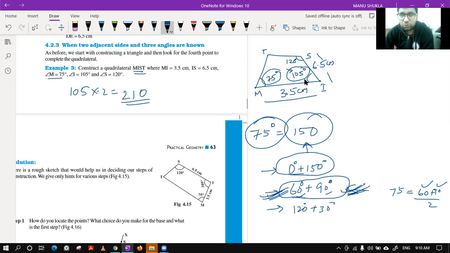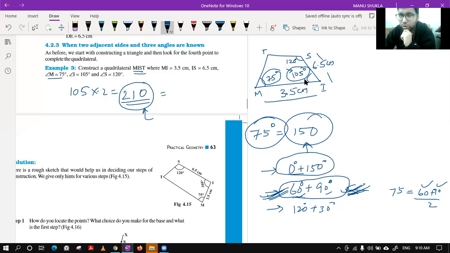To make an angle of 105 degree, which two angles should we take? Anyone? See, the angles that we will take should have the sum 210 degree.